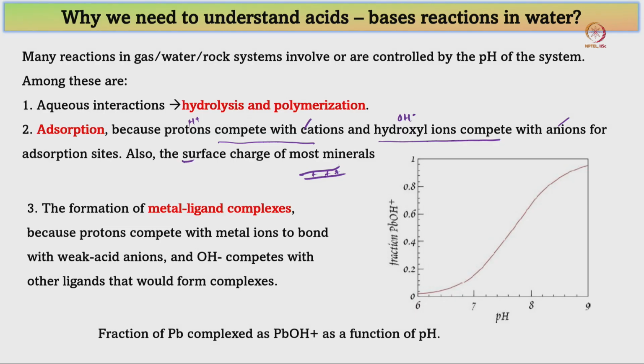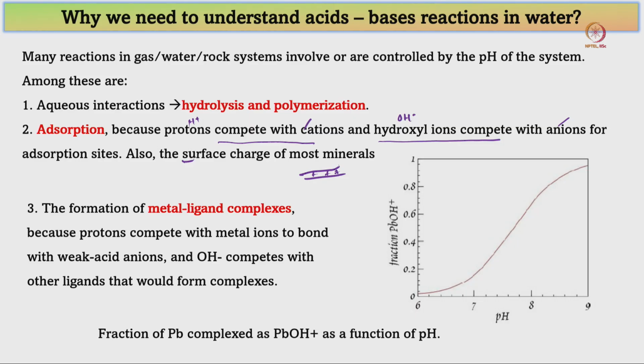Then, formation of metal ligand complexes. Now, metals, when they are dissolving in water, only the first alkali elements, alkaline earth elements and a few other elements are there in their free ionic form. Most of the other metals, specifically the heavy metals and most of the transition metals, will form some kind of complexes.